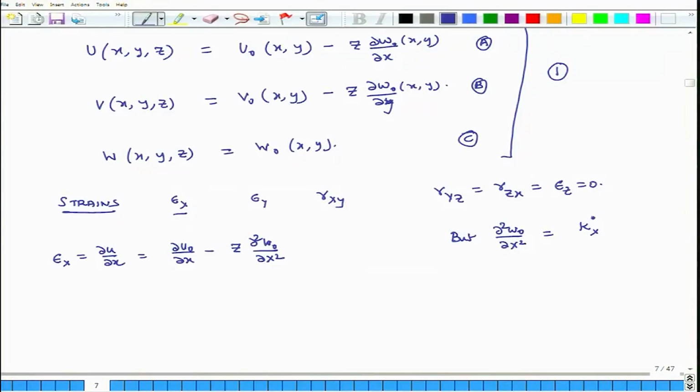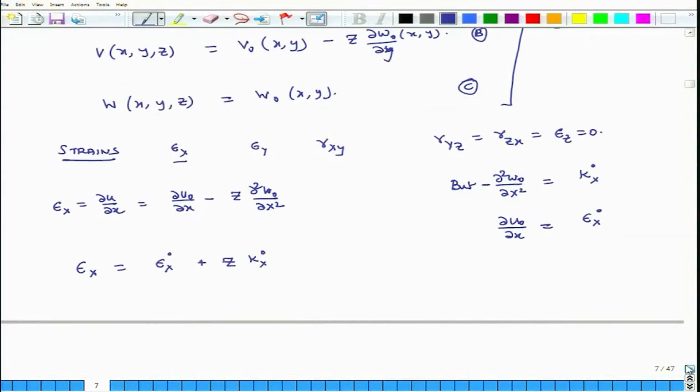We also say that del u naught over del x is the mid plane strain. So, using these things we can say that epsilon x is equal to mid plane strain minus z. I am sorry, this curvature is defined as negative of the second derivative of w. So, this becomes plus z times kx.